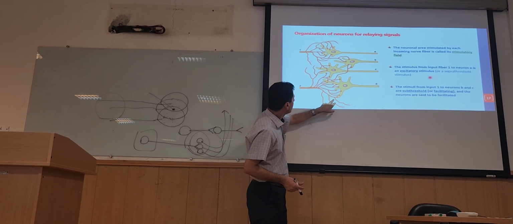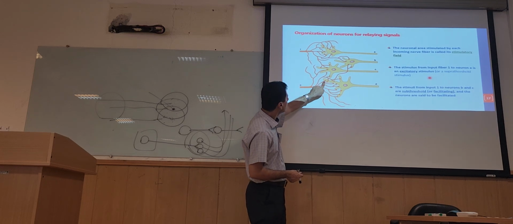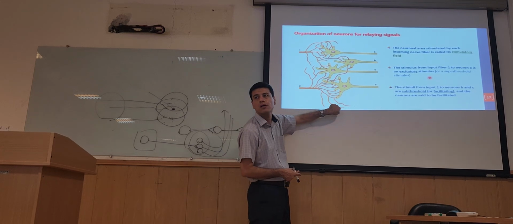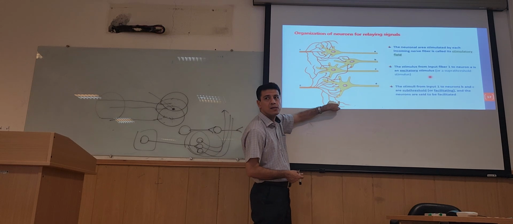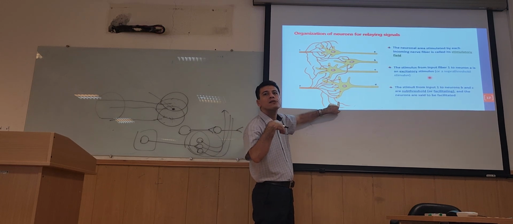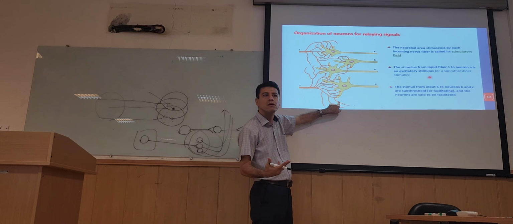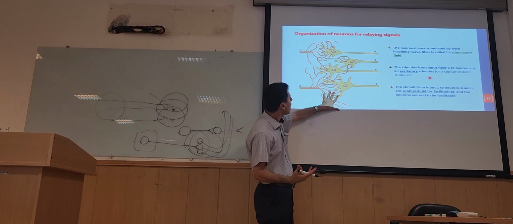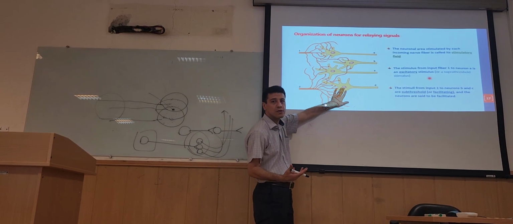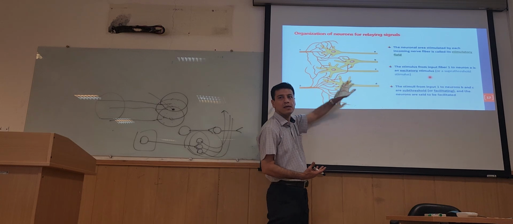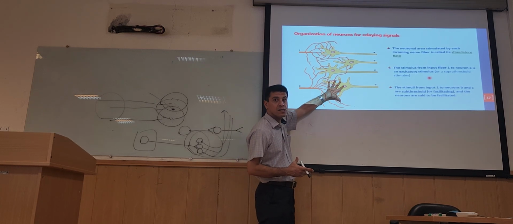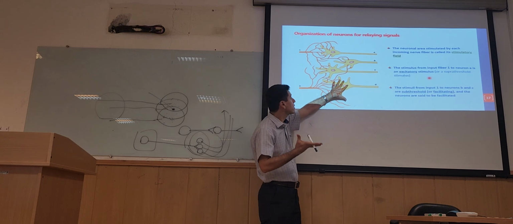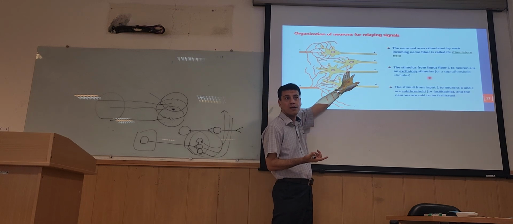So when it comes here, one action potential is converted to several action potentials. Each of these generates its own EPSP. So we will have several EPSPs in this neuron, a few EPSPs here. So summation of EPSPs here is very large, but summation here is small.